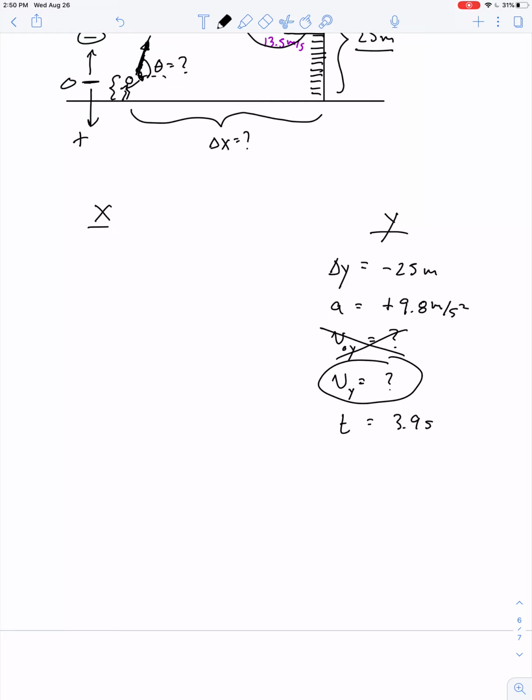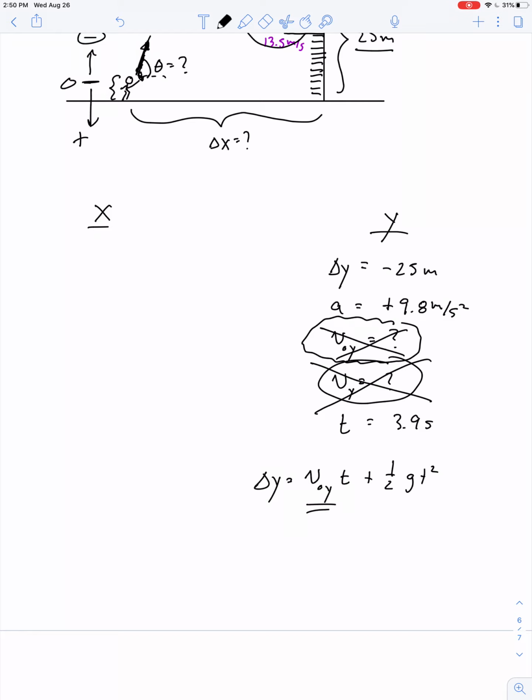So we want the equation for the final velocity. Let's do this. Let's find the initial velocity and forget the final velocity. So delta y equals v initial in the y direction times time plus 1/2 gt squared.